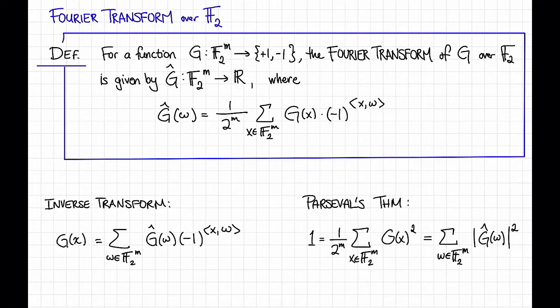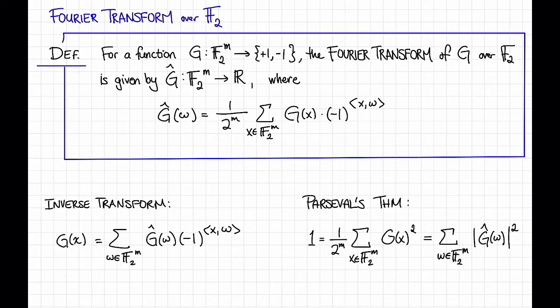Anyway, if you've seen the Fourier transform over the complex numbers, this might look somewhat familiar. In particular, this looks a little bit like the discrete Fourier transform over the complex numbers if you're used to that, except instead of e to the negative i pi whatever, we have this other thing, -1 to the inner product between x and omega.